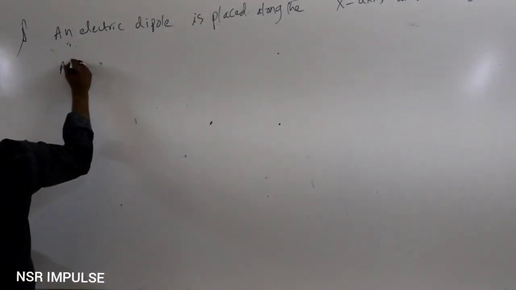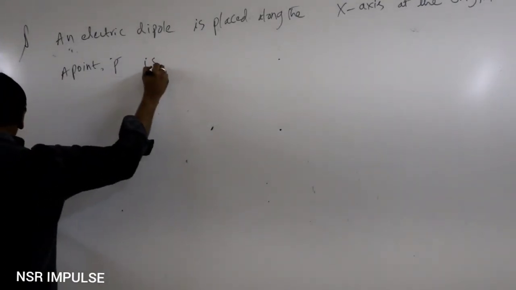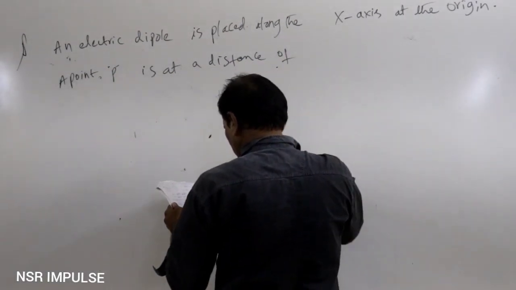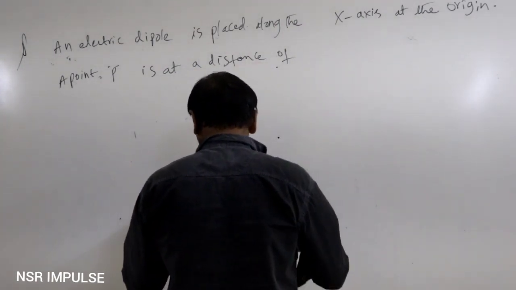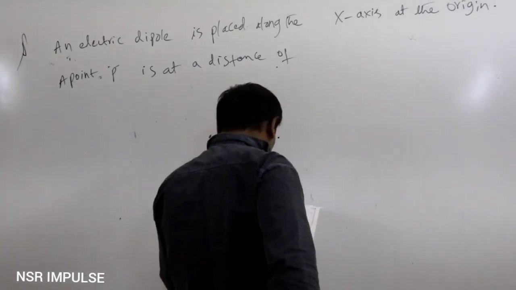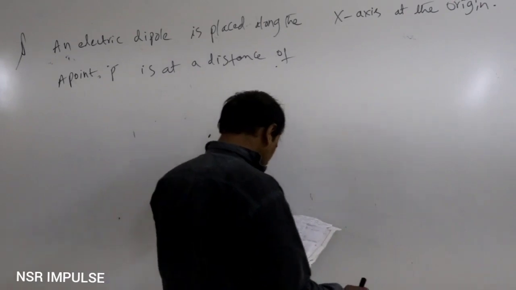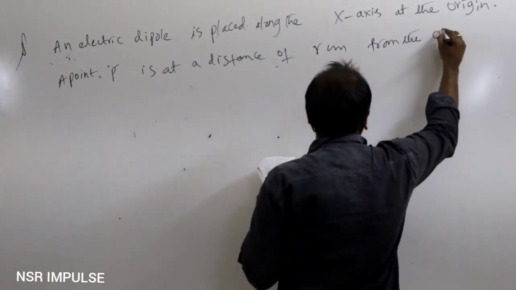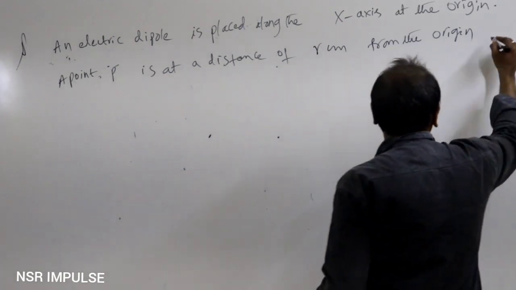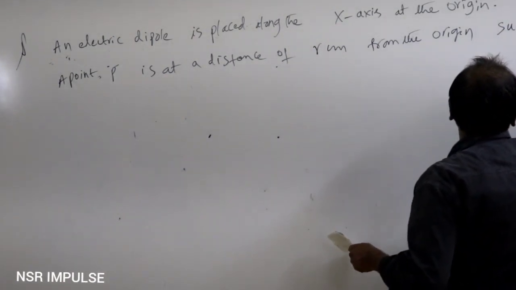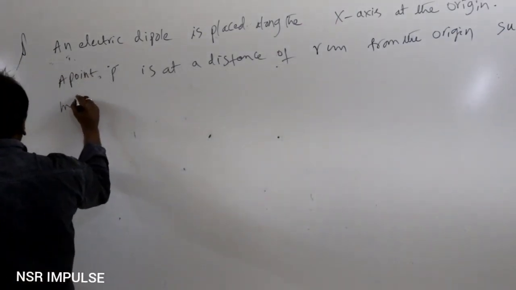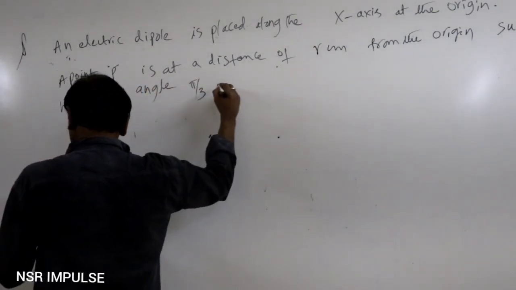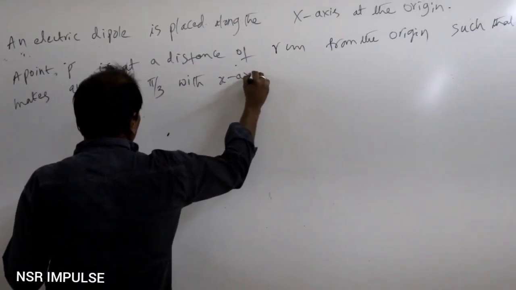A point P is at a distance of r centimeter from the origin such that OP makes an angle pi by 3 with the x-axis.